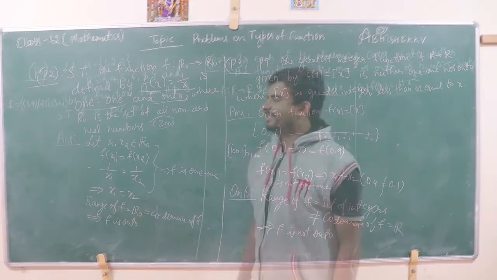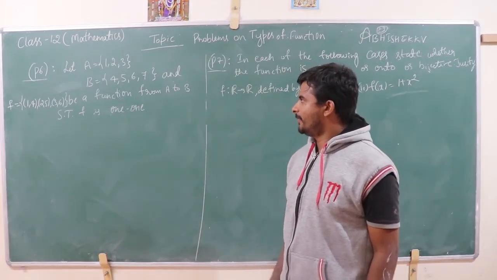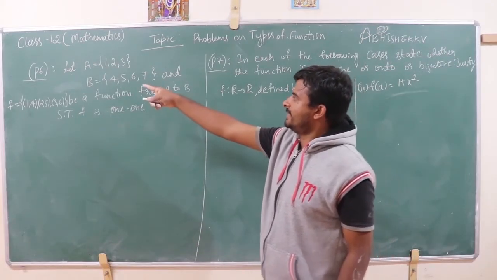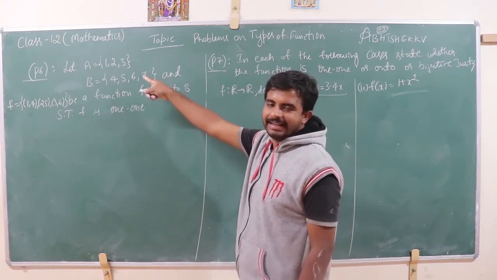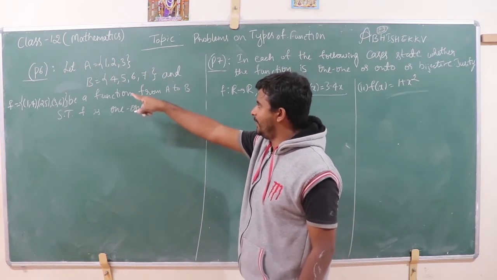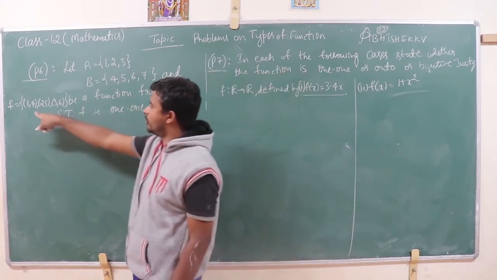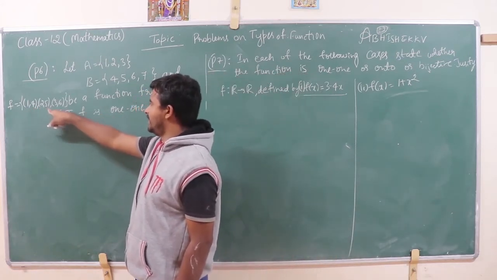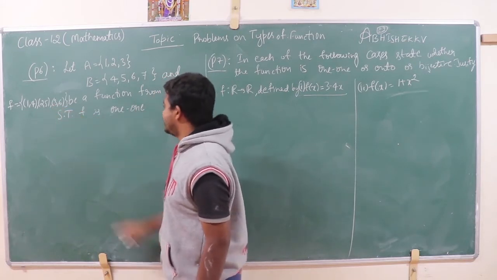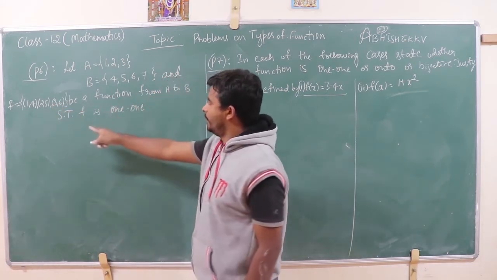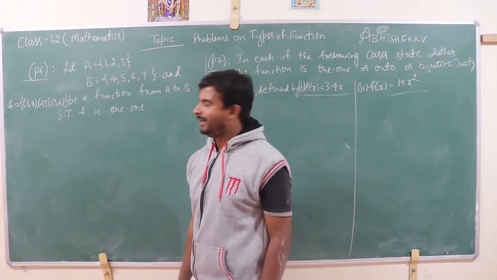Okay? Next, move on to the next problem. A is the set containing the elements 1, 2, 3 and B contains the elements 4, 5, 6, 7, and they define a function f where 1 is related to 4, 2 is related to 5, 3 is related to 6, a function from A to B. Show that it is one-one, right?